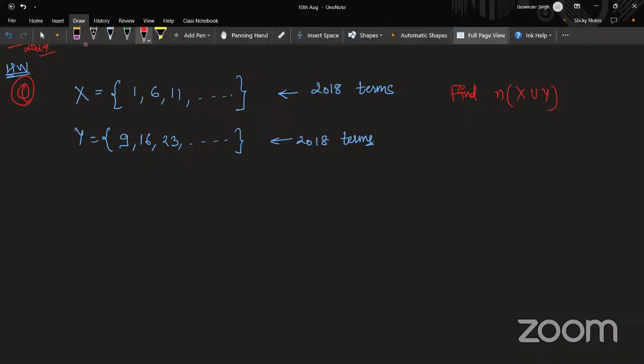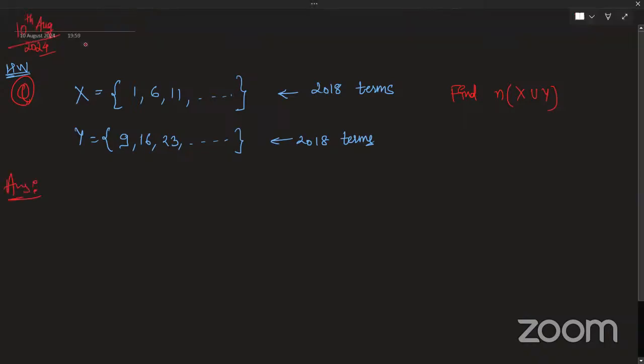What is the formula for n of X union Y? n of X plus n of Y minus n of X intersection Y. So n of X I already know. n of X is 2018. Similarly, n of Y is also 2018, right?